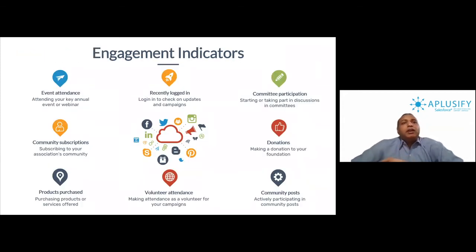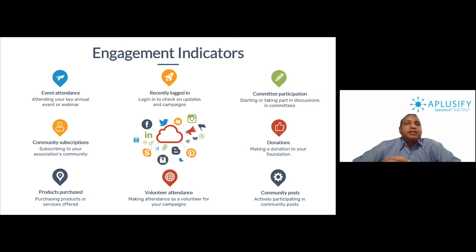Now, before we jump to how we do engagement scoring, it's very important that you determine the engagement indicators for your association. What do you mean by engagement indicators? Engagement indicators are the number of gates or paths that are open to your members to associate with your association, right?